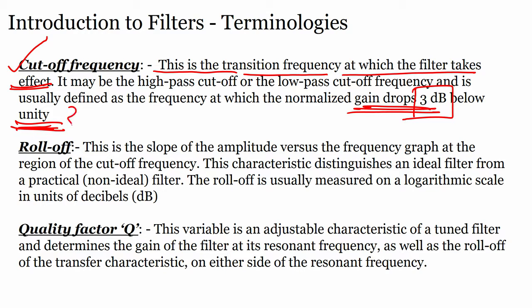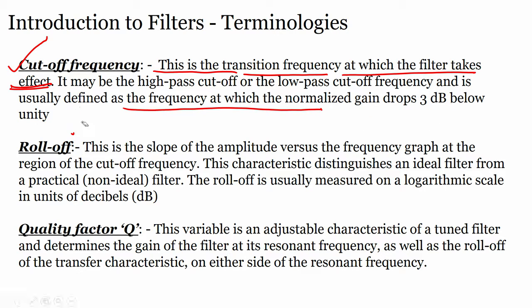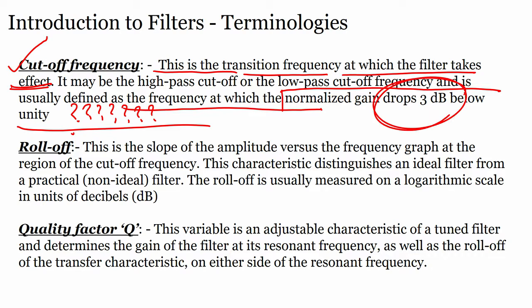Why? Why is it defined as the frequency at which the normalized gain drops 3 dB below unity? Why 3 dB and not 8 dB, 10 dB, 15 dB? What is the role of this?